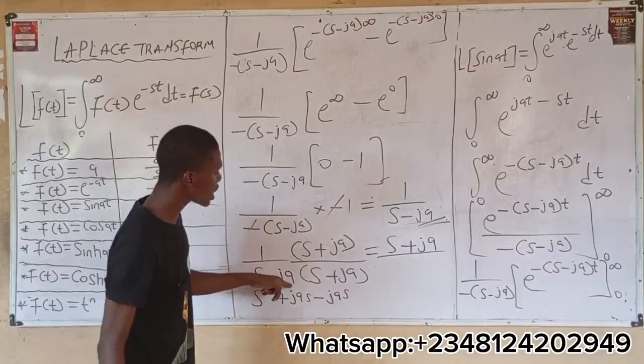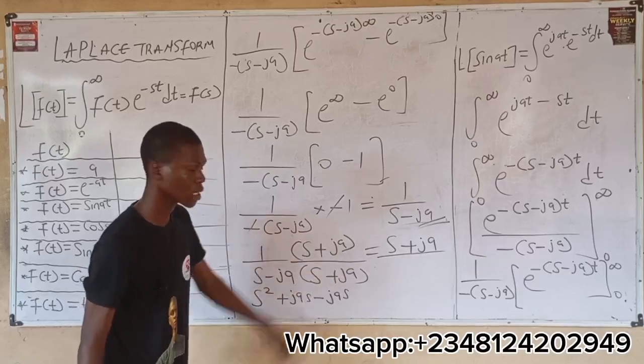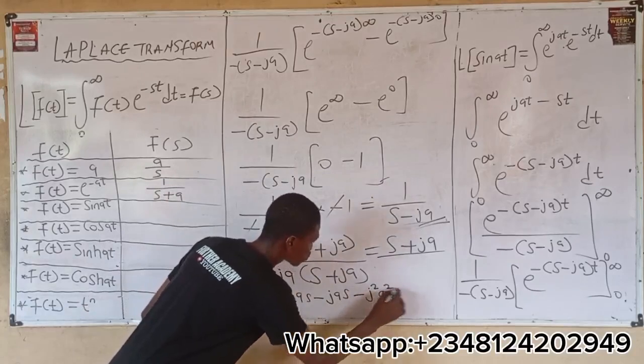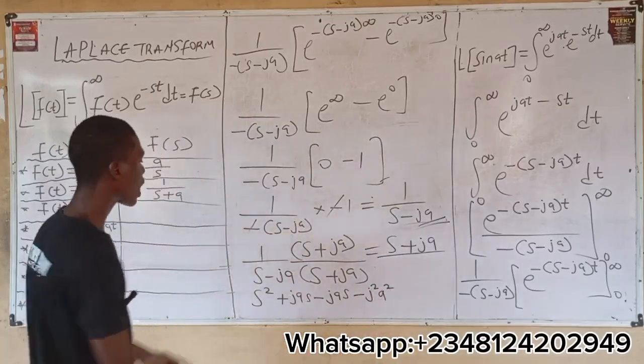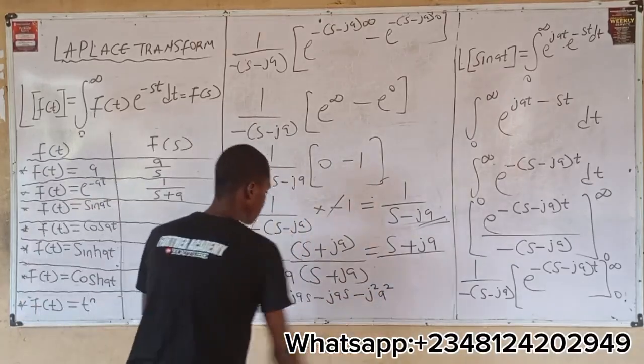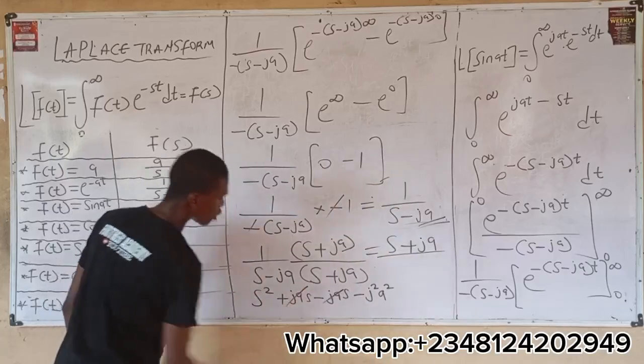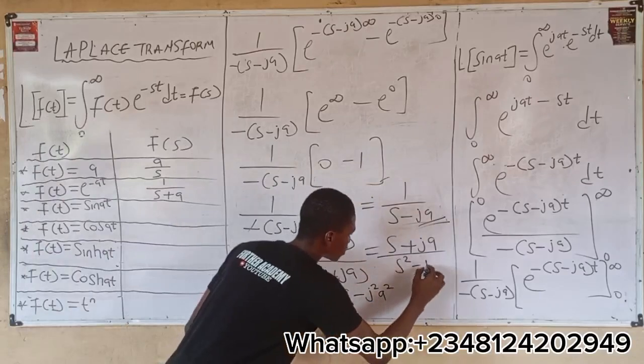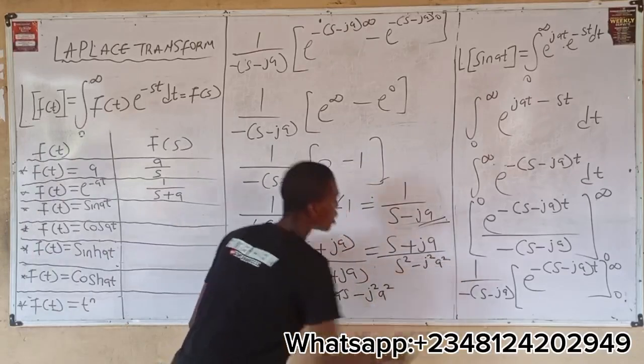Then negative ja multiplying ja, meaning negative j square a square, right? By the time you open this bracket, from here, this cancels out. You are left with x square minus j square a square.